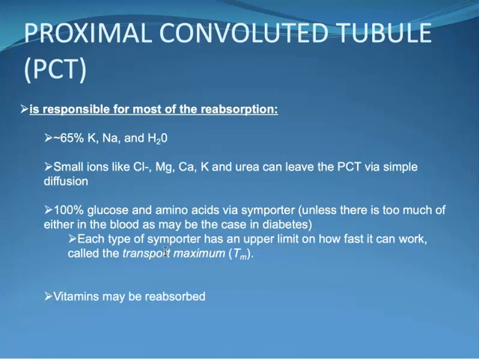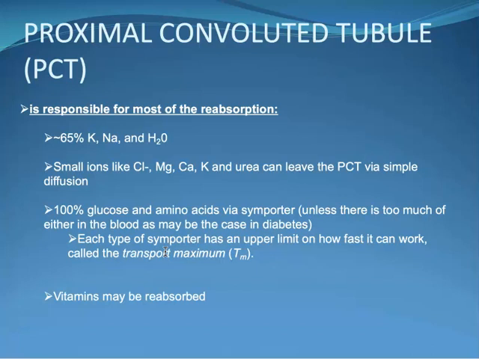So in diabetics who may have glucose present in their urine, that means there's so much glucose in their bloodstream that those little symporters have hit their transport maximum and they're taking up all the glucose they can, but there's still so much more that it's still being lost in the urine. Now, under non-diabetic, normal healthy conditions, our symporters can easily pick up the glucose that's in our bloodstream.